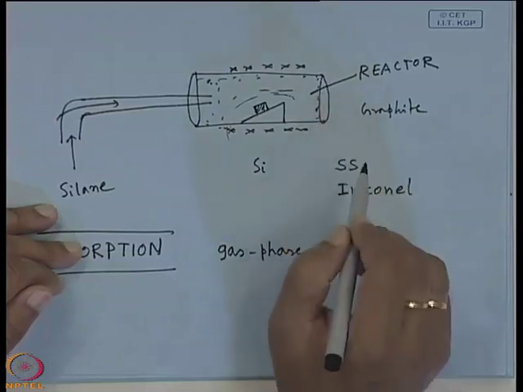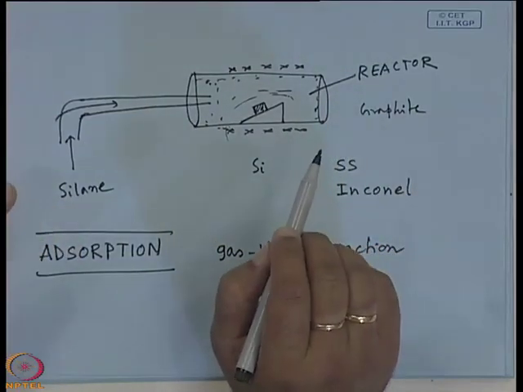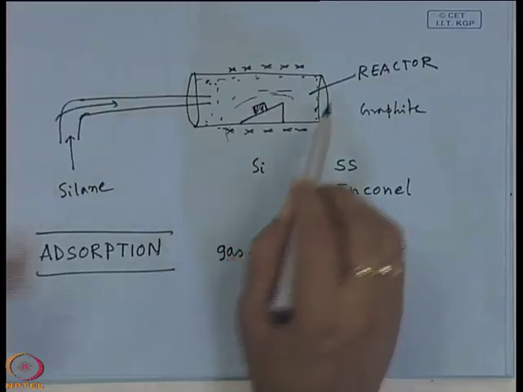This reactor will have to be kept at atmospheric pressure for APCVD. If it is kept at a lower pressure, it is known as the LPCVD. But in PECVD, as the name implies, some plasma kind of arrangement must be there.